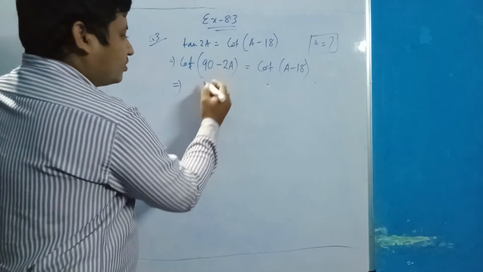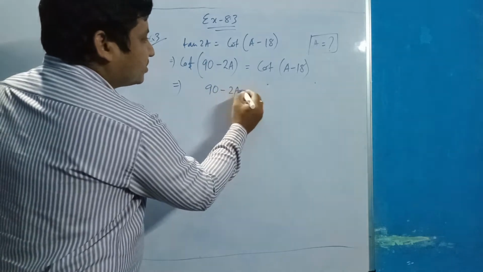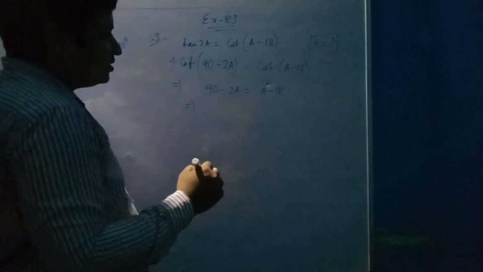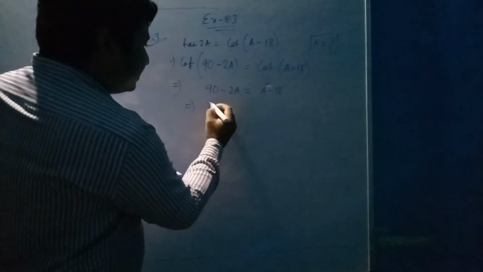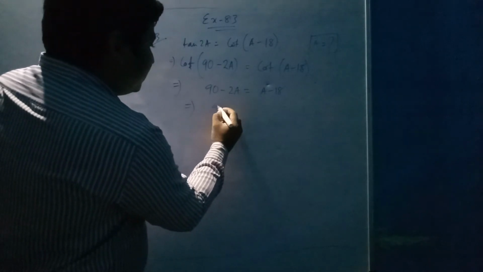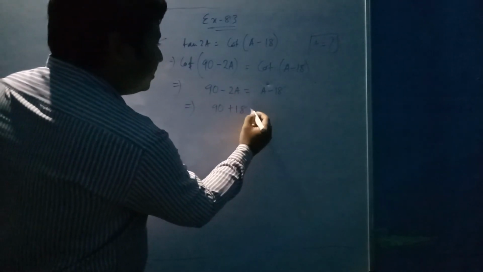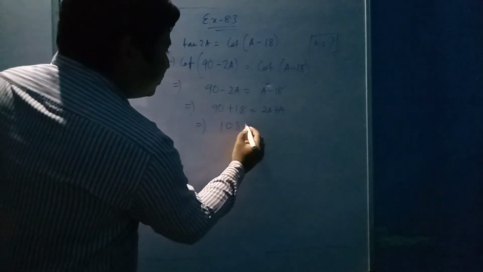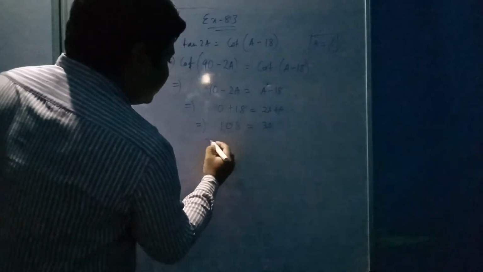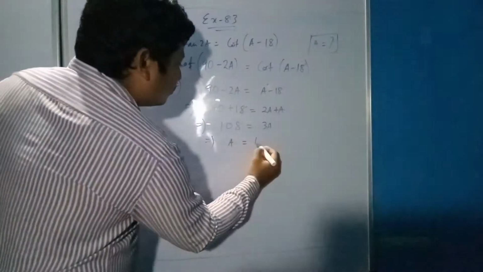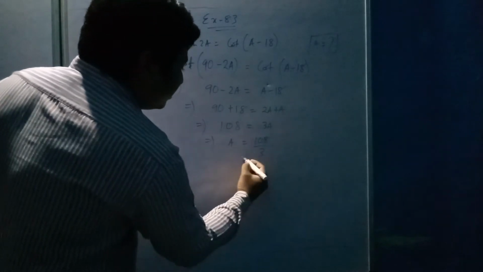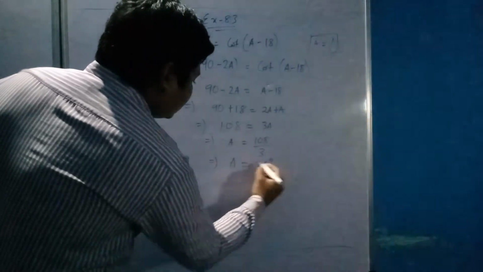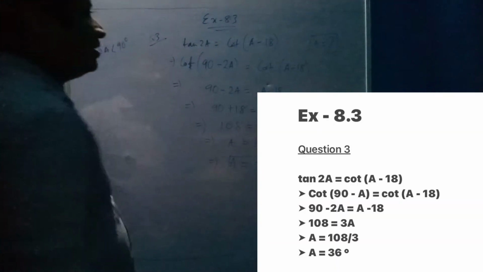Let us manage here. 90 plus 18 equals 2A plus A. It can be written as 108 equals 3A. A equals 108 by 3, so A equals 36 degree.